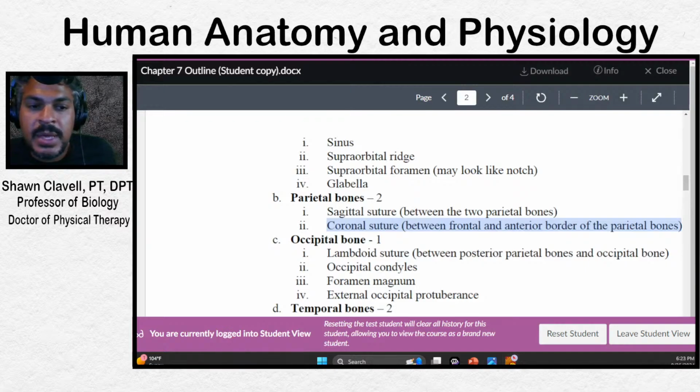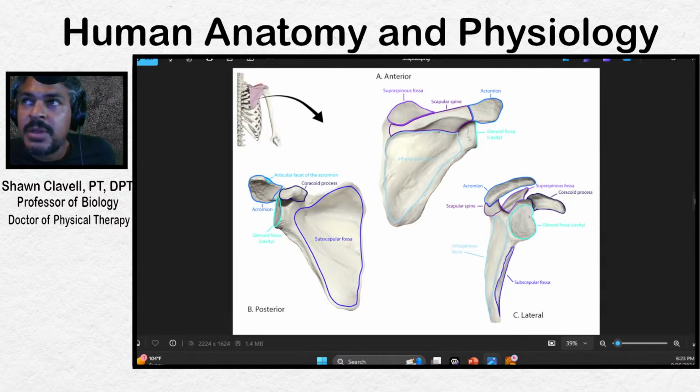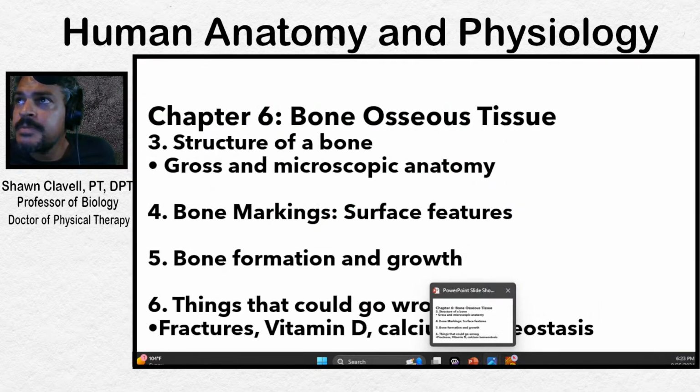Our practicals will be, see if I got any good pictures here. The practical will be identifying the different features of the bone. So again, if we get into, let's say, maybe the scapula here, I love that picture.